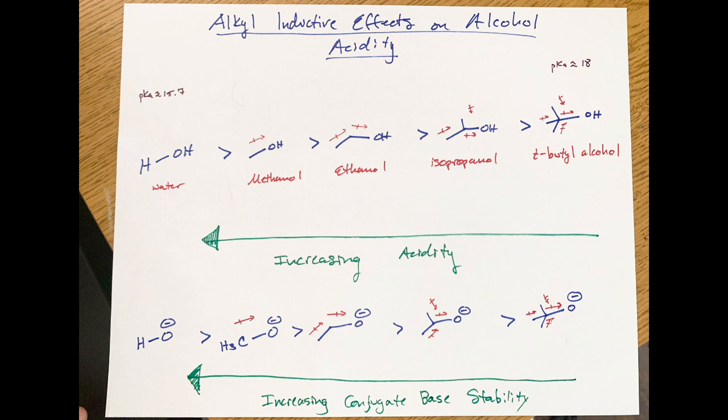But what we see here is carbon is just forcing a tiny bit of electron density onto that already negatively charged O. And that destabilizes the conjugate base. So you can see on the way right, t-butyl alcohol is the least acidic because it has all of this alkyl donation, which destabilizes the resulting conjugate base.